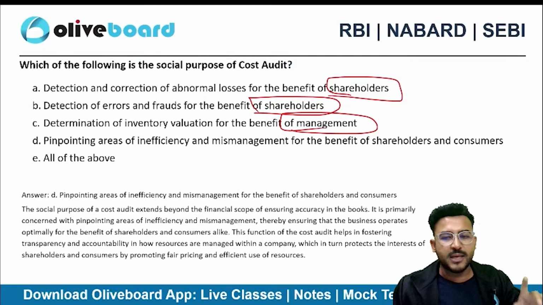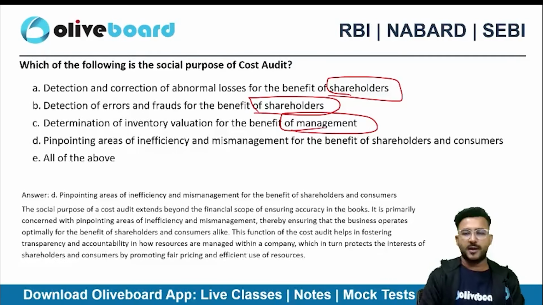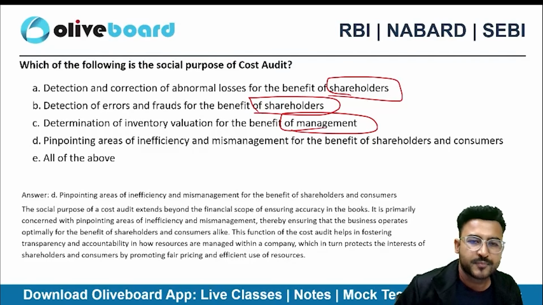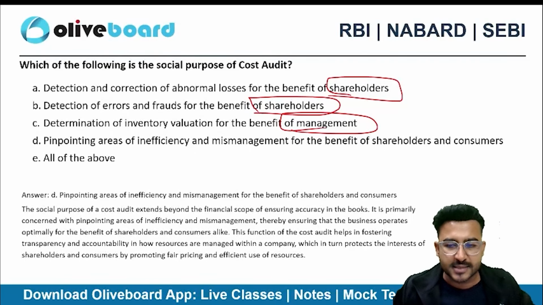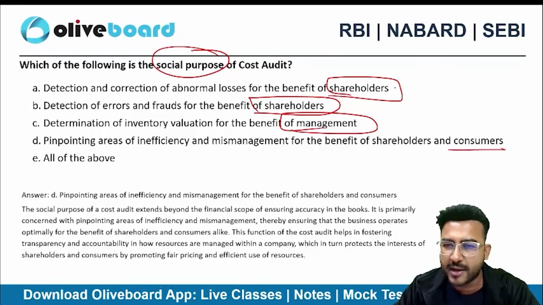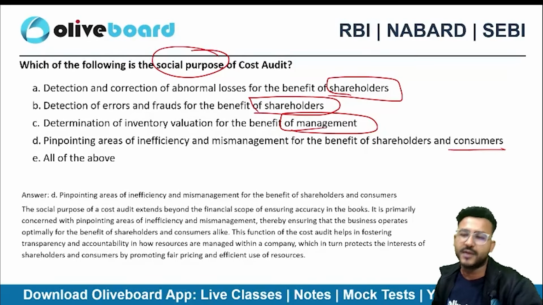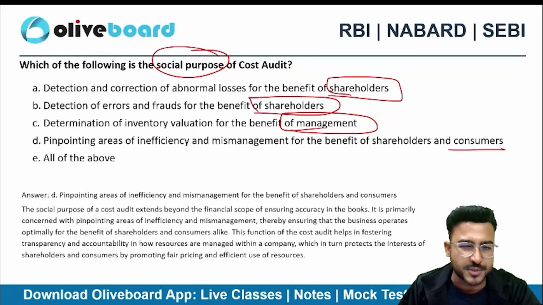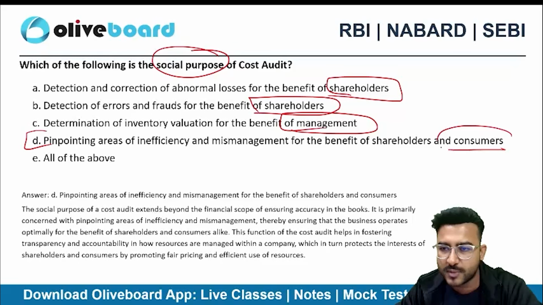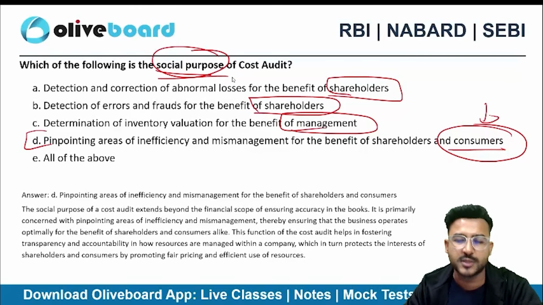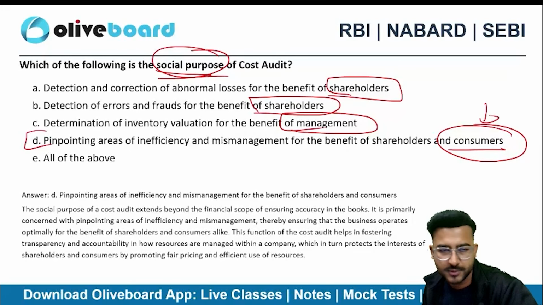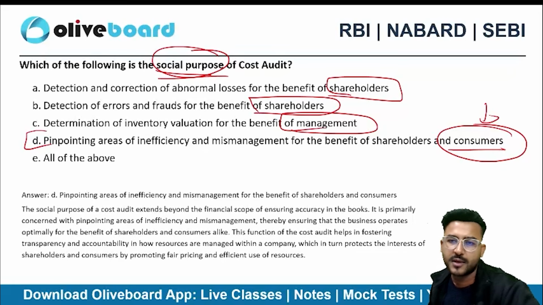So that's why D became the apt choice. Here they are asking us the social purpose, and by mistake, I think, consumers were added after every option. So I have removed it. The correct choice here will be D only, because it is consumer centric here, which makes it closer to the social cause. So that's why option D here will be the correct choice. All of the above will not be the correct choice.